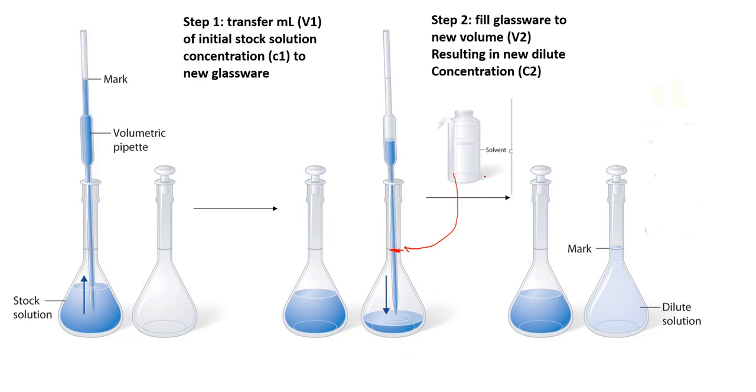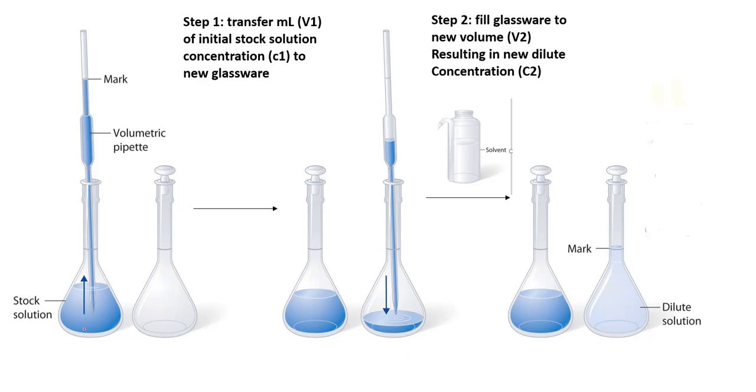So we're going to put in water, and we're going to fill it all the way to the top, where that line is. So this is now the diluted volume. So now we have our diluted concentration and our diluted volume. That's what the extra water put in, and it's the total solution amount.